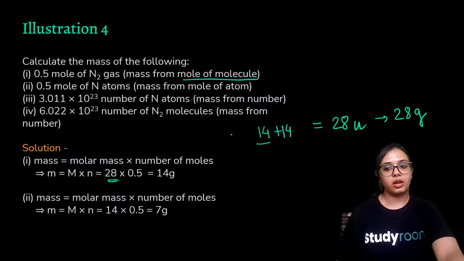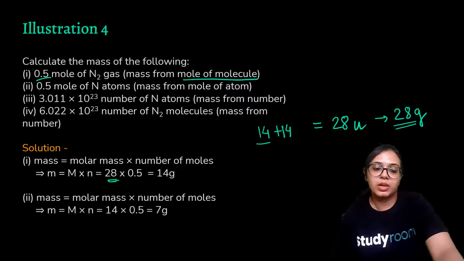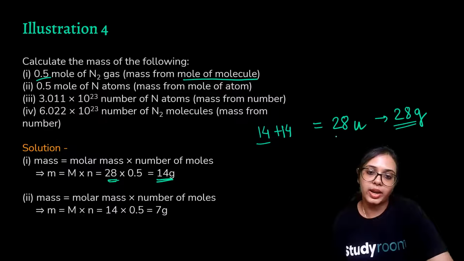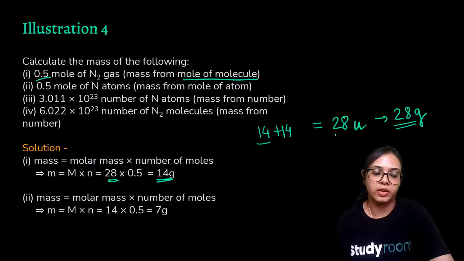Okay, and so 1 mole has this much mass. So what would be the mass of 0.5 mole? You will simply multiply it, right? So 28 into 0.5, and then you'll get 14. Okay, so since 1 mole has 28 grams, for 0.5 mole you will simply multiply 28 into 0.5.